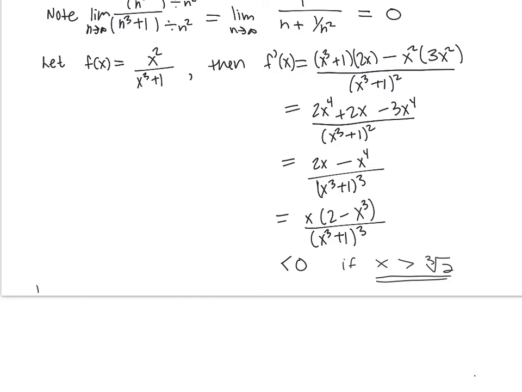Okay, so this means that if we said that b_n was equal to n squared over n cubed plus 1, the sequence of b_n's is decreasing. And since both conditions of the AST are met, this series converges.